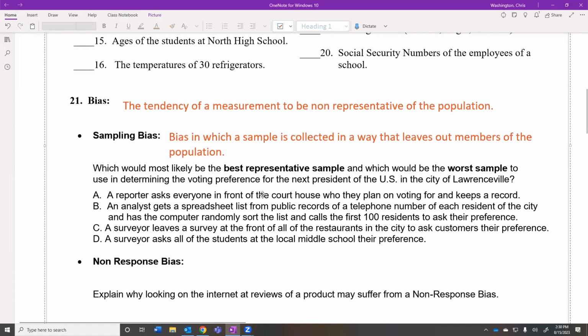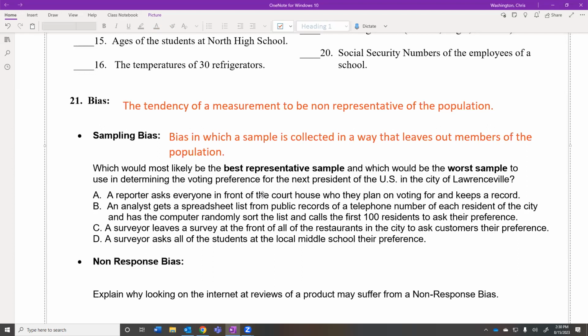Let's say another example of this. I want to know the average GPA of all the students at Pike County High School. So very conveniently, I'm going to survey my 6-period class, which is a gifted honors class. I would imagine that your GPAs are probably what compared to maybe a non-gifted honors class? Probably higher, if I had to guess, because all of you are in gifted honors math class.